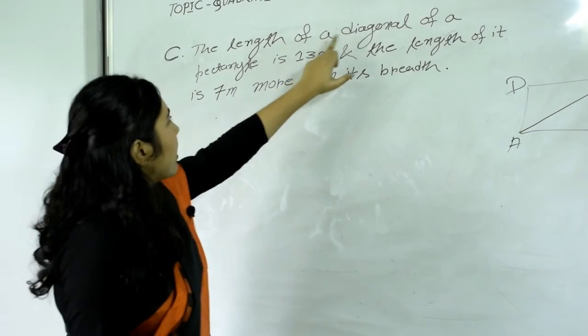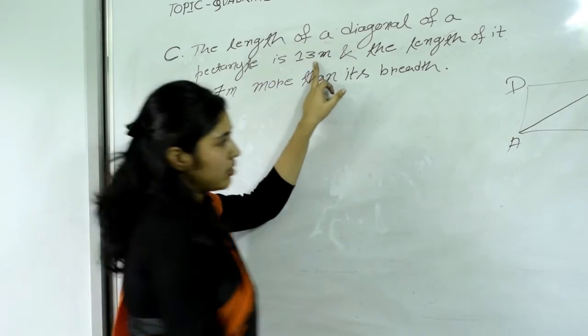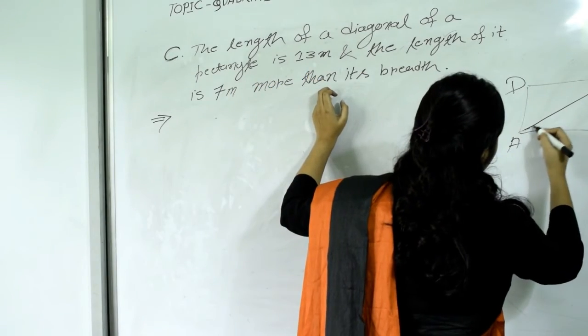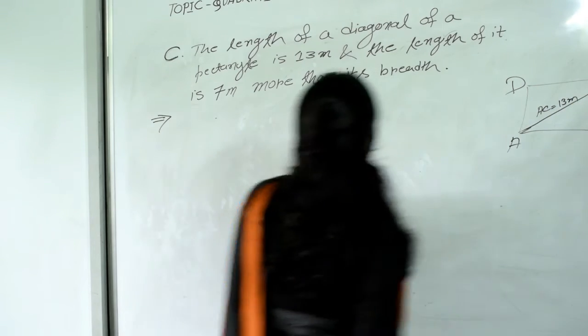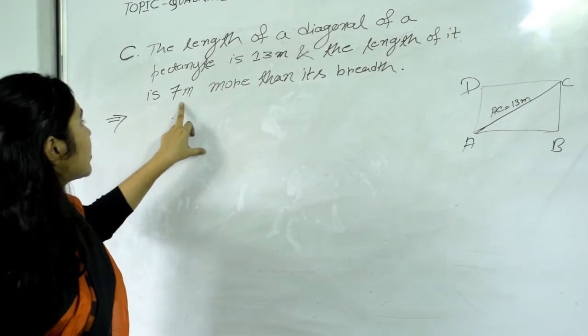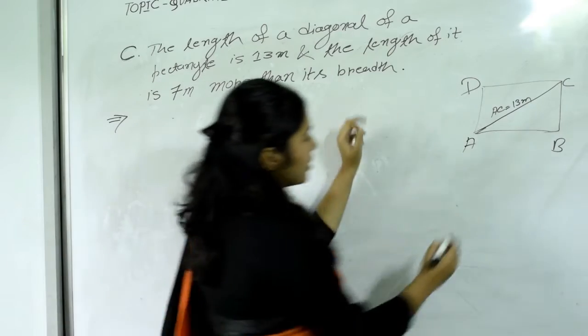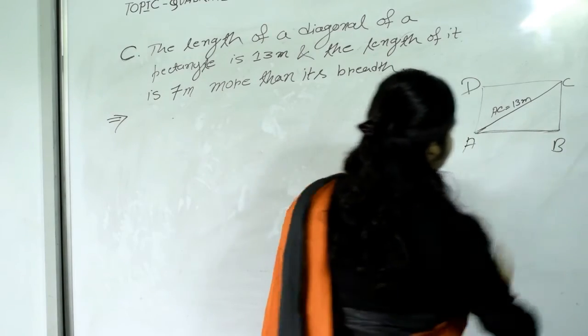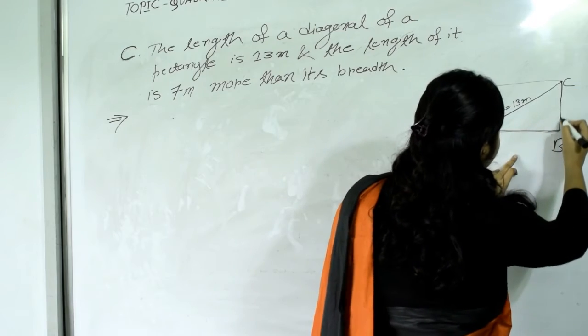The length of the diagonal of the rectangle is 13 meter. So AC is 13 meter, right? And the length of it is 7 meter more than its breadth. That means the length of AB is 7 meter more than the length of BC.